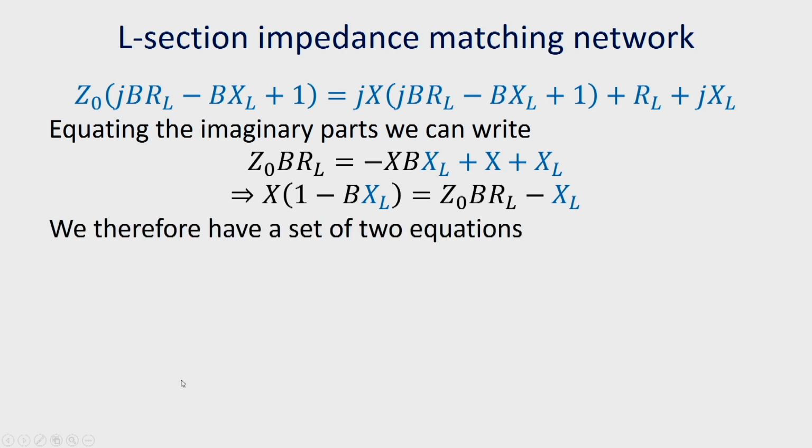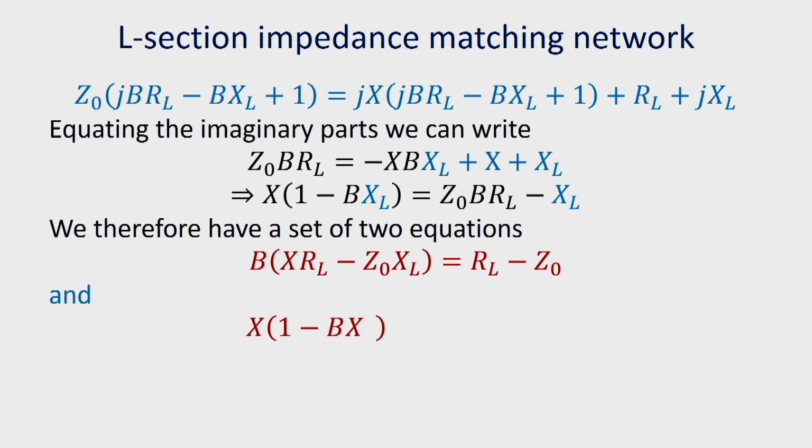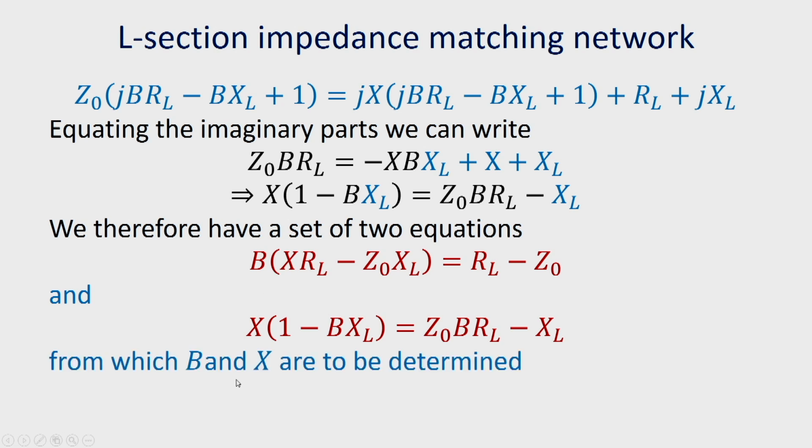And therefore, now we have a set of two equations, one from equating the real parts, and another by equating the imaginary parts. And from this set of two equations, we can now solve for B and X, which are the unknowns.